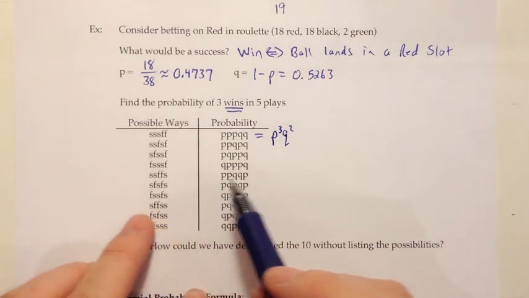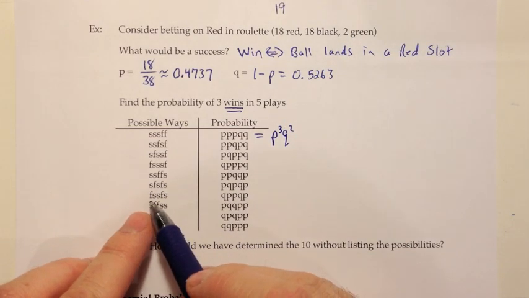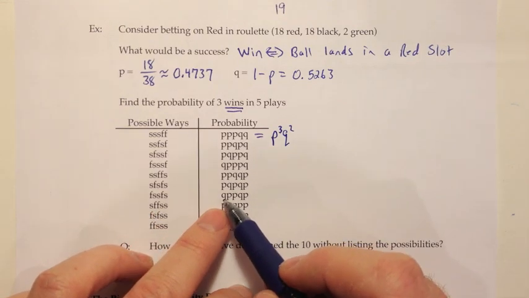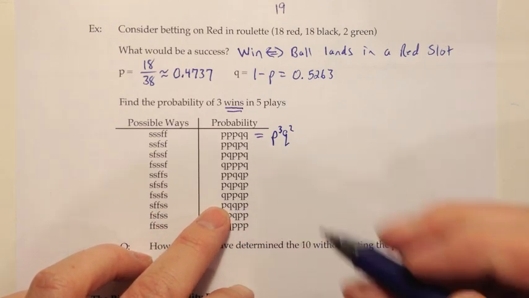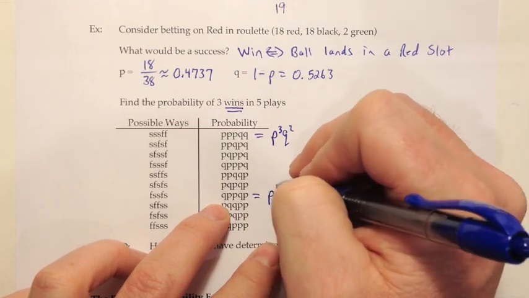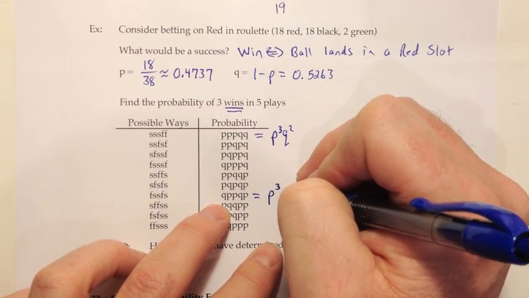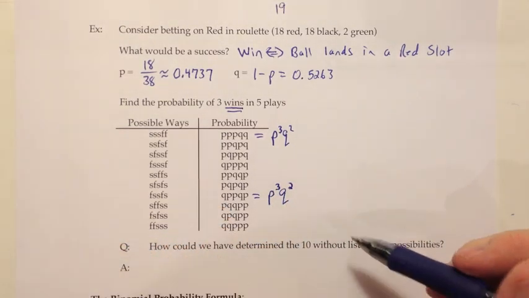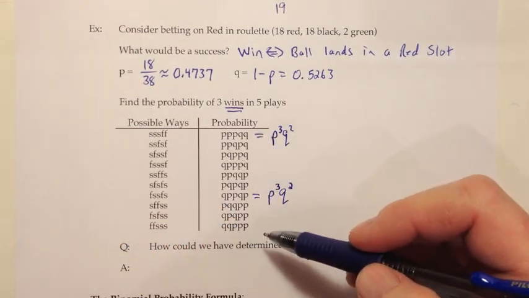But if you pick a different one, like this one where you lose the first one, win 2, lose 1, and then win 1, that means it would be Q, P, P, Q, P. But this is a multiplication, and multiplication is commutative, which means that the order doesn't matter. And so that could be rearranged, and it's also P cubed, Q squared. And in fact, that's what it is for every one of these.